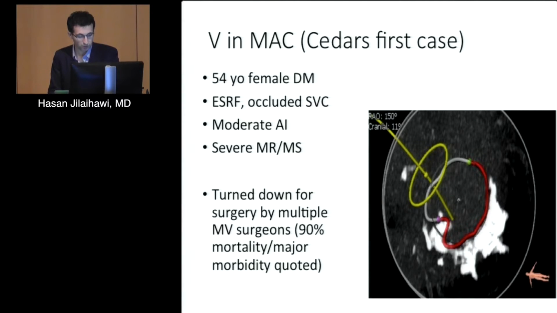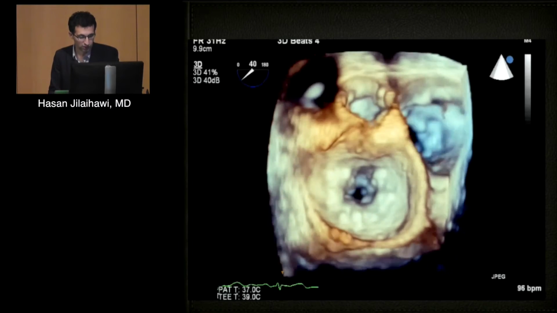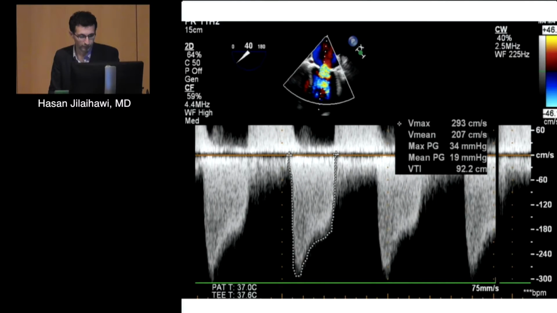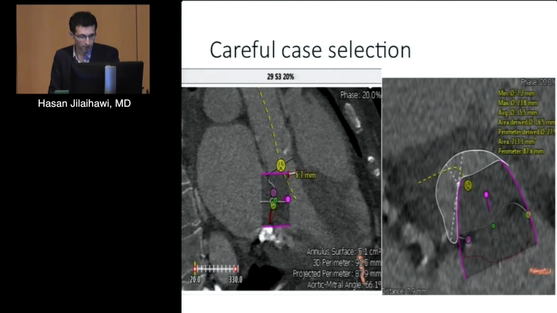This is our first case that generated a lot of excitement. A young patient with end-stage renal failure, occluded SVC, and was in fact turned down for surgery by a very high-powered surgeon, Alfredo Trento. So this was truly an inoperable patient. You can see here severe mitral stenosis. Mean gradient is 19.